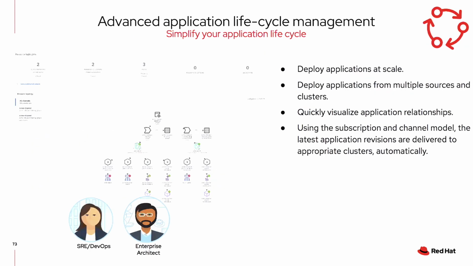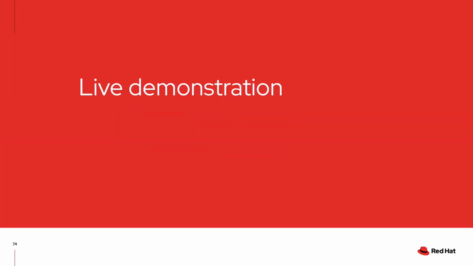And then I showed you at the end a little bit of application lifecycle management: we can dynamically distribute components to different clusters, and the dynamic placement engine will react if those clusters change, if I introduce new clusters that match the placement rule, or if I take some of them away.